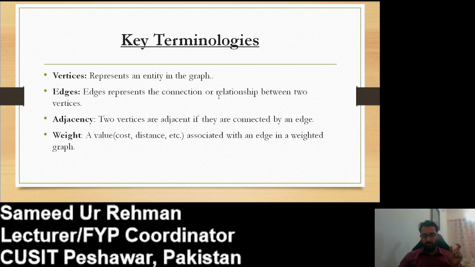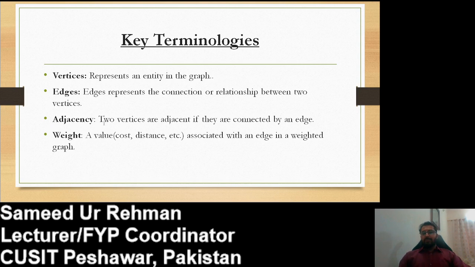So the student is one node, and the teacher, as I am, is the second node. The connection between them is that a teacher teaches the course to that specific student. So edges represent the connection and the relationship between those two nodes. So we can also simulate real world scenarios with the help of graphs.